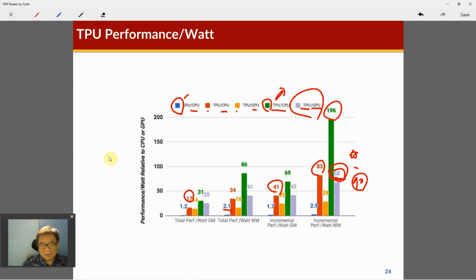But when Google presented this result at ISCA 2017, Bill Dally, who is an NVIDIA scientist and MIT professor, said that if the TPU is compared with a modern GPU, this metric will be lower.